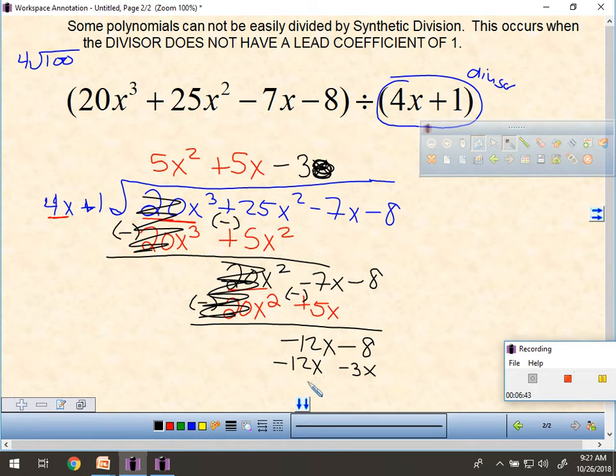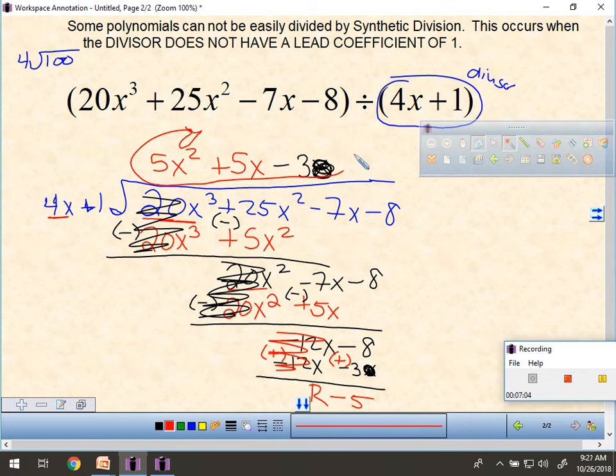So that would be negative 3 times 1, so that would be negative 3. And then I'm going to change my signs one more time. So this will be positive, this will be positive. That crosses out. And then negative 8 plus 3 is negative 5. And guess what that is right there? That's your remainder. And that's it. So that is my answer right there.